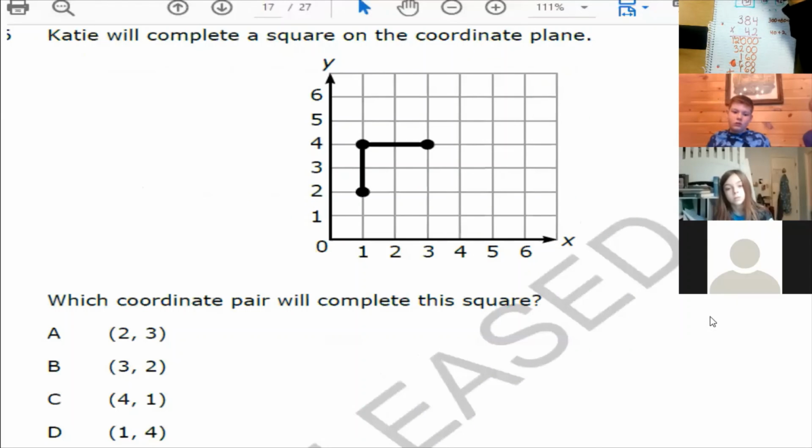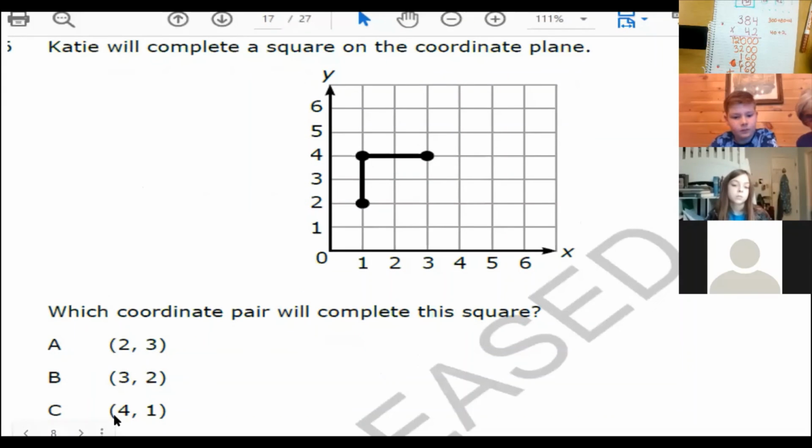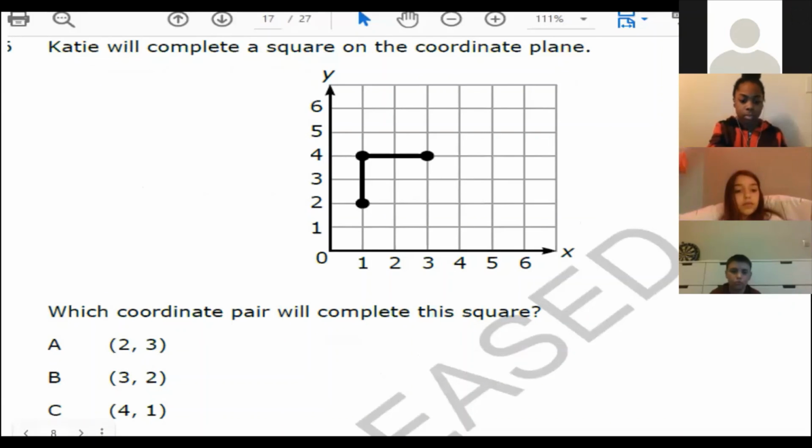All right, group number 3. So who's going to share? Amber has the first question. Okay. For that one, I got B on it. Okay.